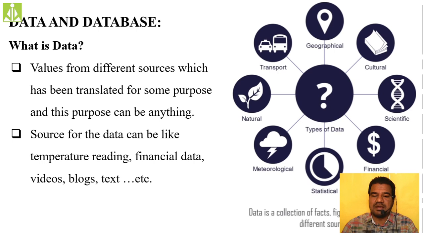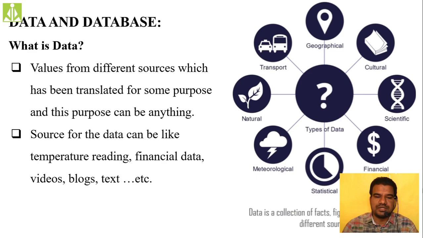If you see the database, what exactly is the source? We can have geographical data, cultural, scientific, finance, statistical, meteorological, natural, and transport-related data. All these can act like data sources.